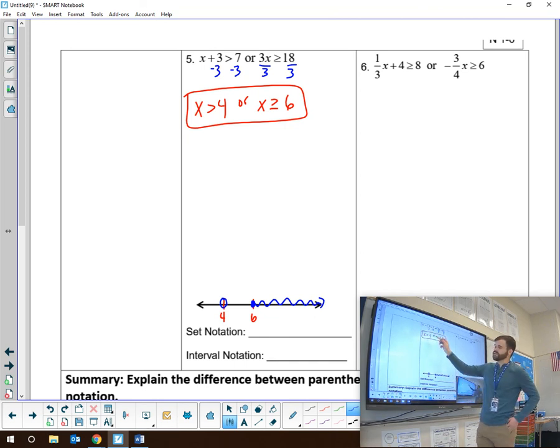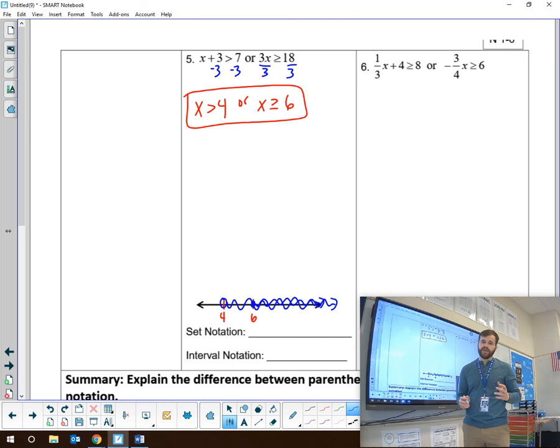And x is also greater than 4, so this one's also going to go to the right. And you'll notice that they intersect once they get over to this side. But this is an OR, so we can count any of it. We don't have to count where they intersect, we can count all of what's going on.